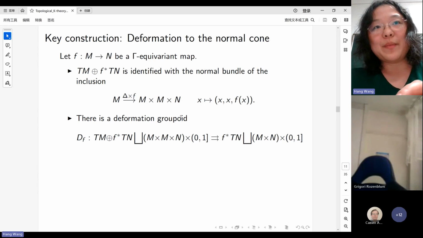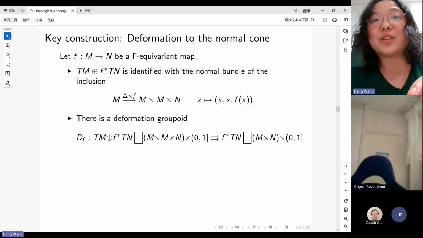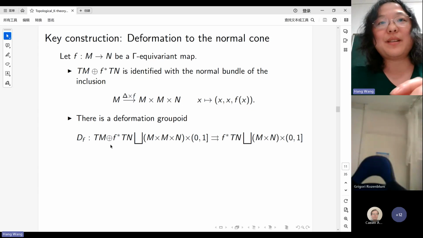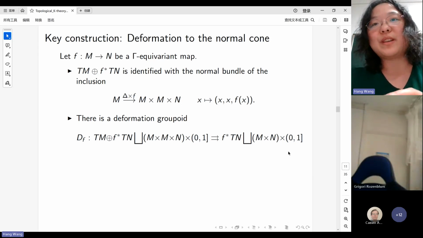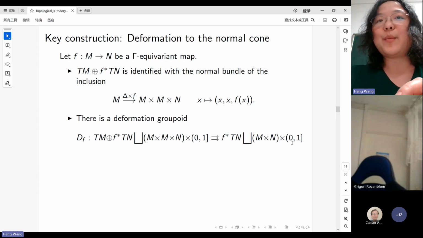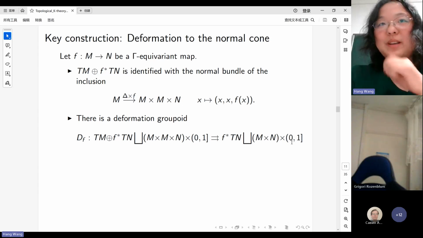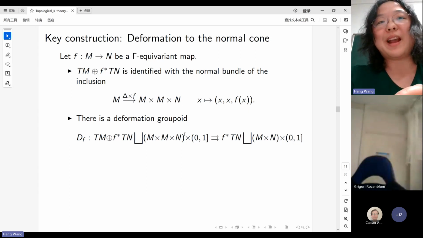And there is a deformation groupoid construction. Namely, one can construct a family of groupoids over the interval [0,1], where over the points which are not 0, it is M cross N, and over the point 0, it will just be the normal bundle.